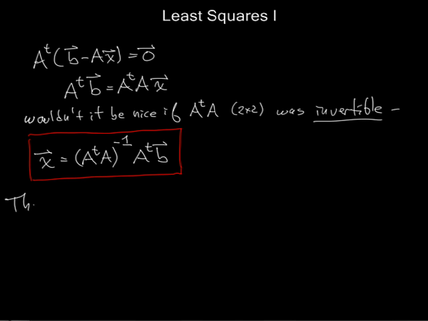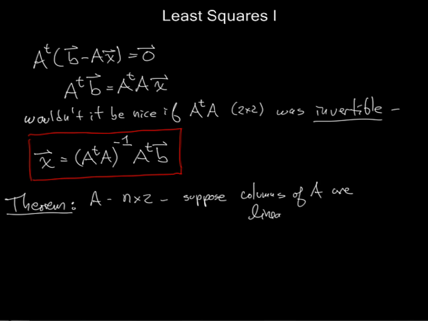So let's summarize that. The theorem is the following. You have A is an n by 2 matrix. And I want to assume that the columns of A are linearly independent. That is to say, well, there's two columns, and so the image of A really is a plane and not just a line.